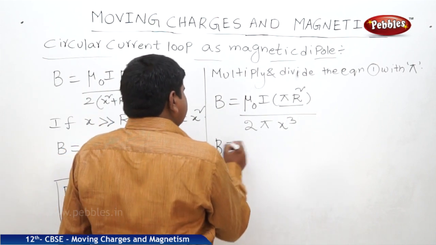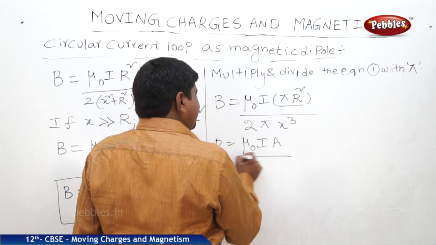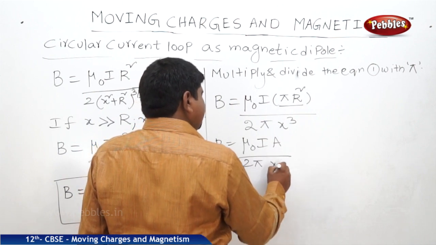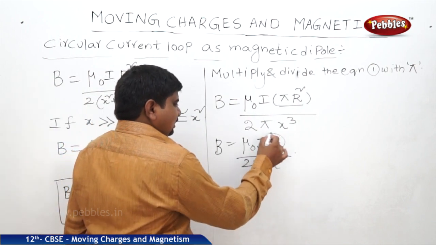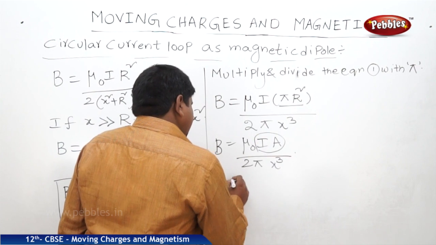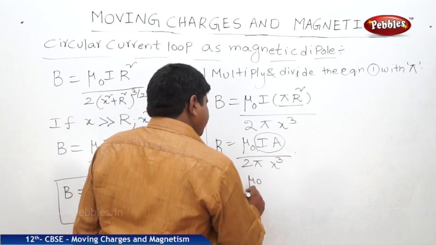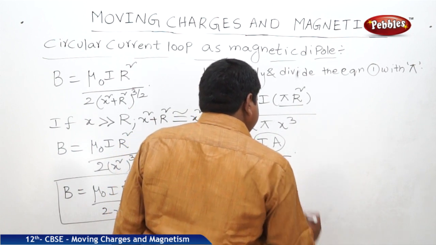Therefore B is equal to mu naught I A by 2 pi x cube. Again, I into A is the magnetic moment. Therefore, the expression for B will become mu naught by 2 pi into m by x cube.